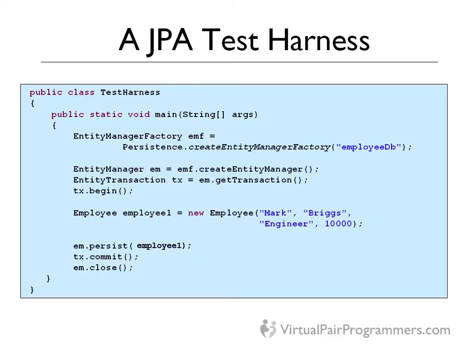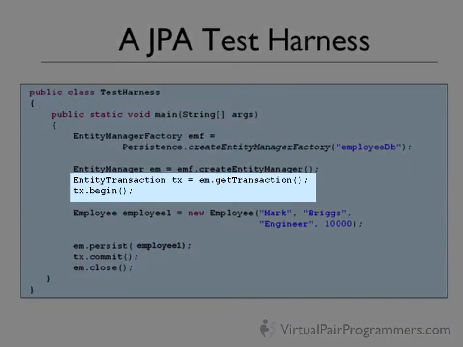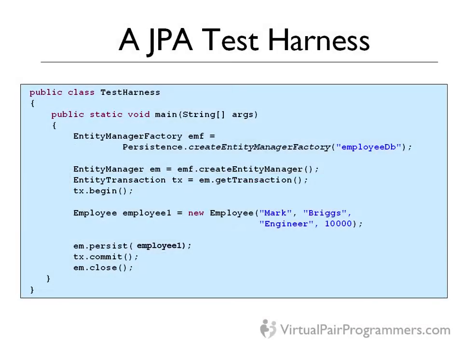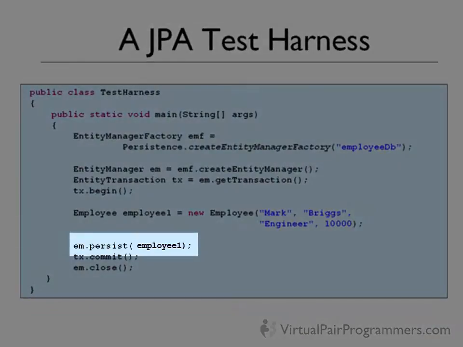For now, you need to access the current transaction using the getTransaction method, and you need to call the begin method in order to start a transaction. The next line of code, well, you've seen that, that's where we've created the employee, and nothing has changed there at all. Well, now for the big line of code, the persist method, which I'm calling from the entity manager, is telling JPA that the employee1 needs to be persisted in the database.